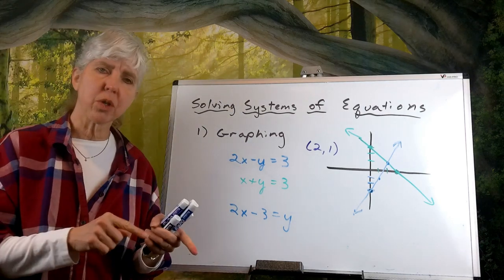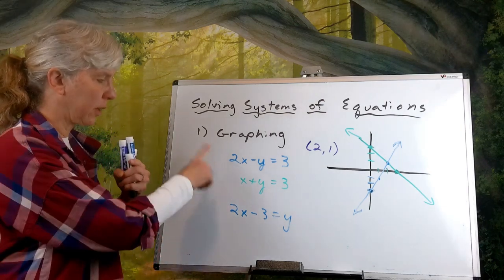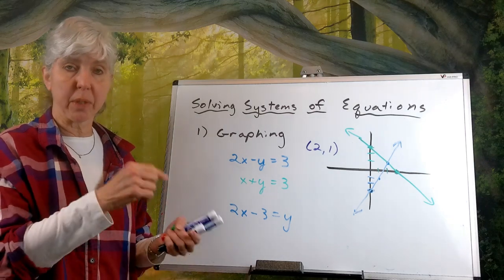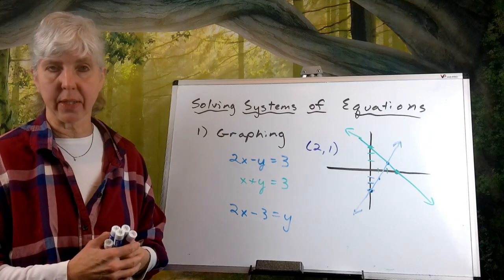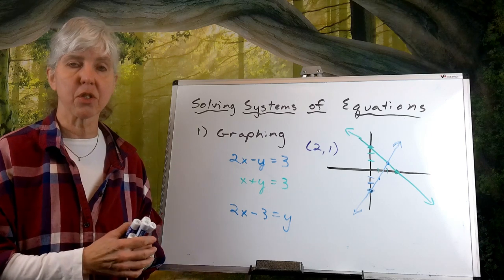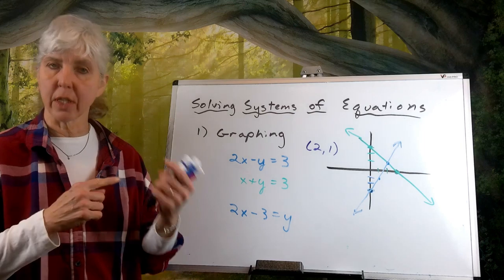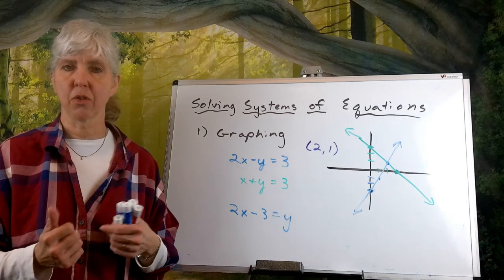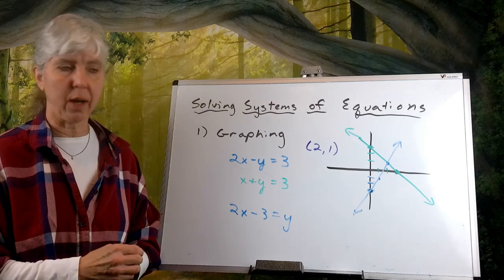So I want to show you a little bit of graphing with the grade 11 where we do not have two lines, but a line and a parabola, or a parabola and a parabola. Now, the easiest way to do this, of course, is with a graphing calculator, and there's lots of information on the internet and or with your teacher on how to go about solving for that, looking for the intersection points, etc. But there is usefulness in knowing how to solve by graphing, at least having an idea of what your graph should look like.